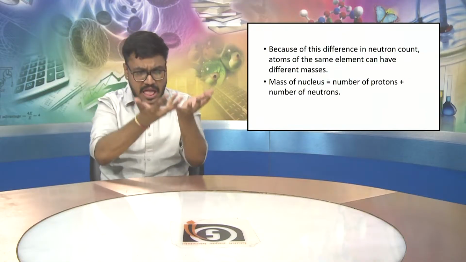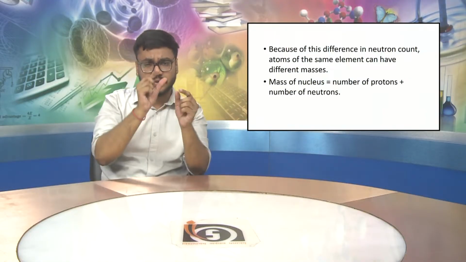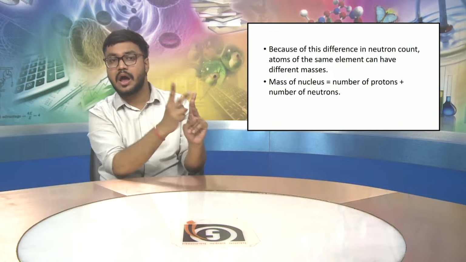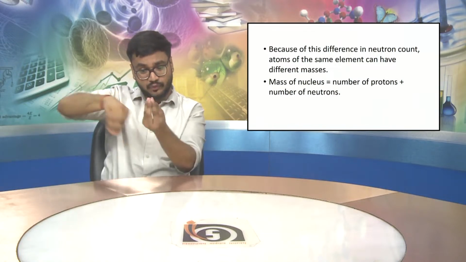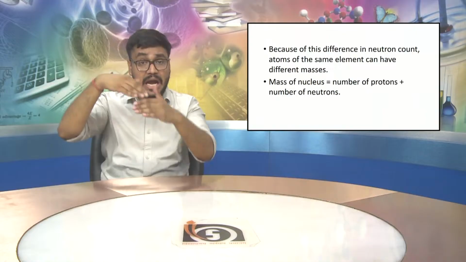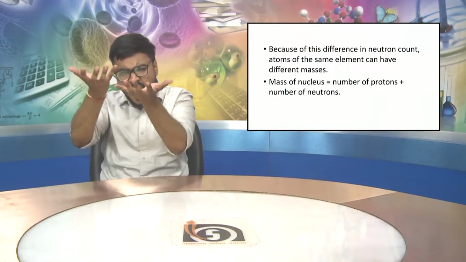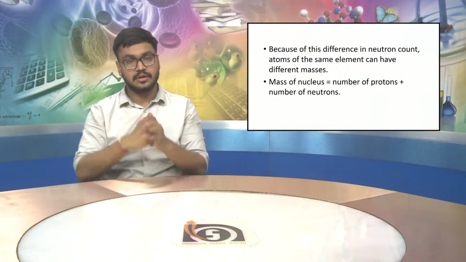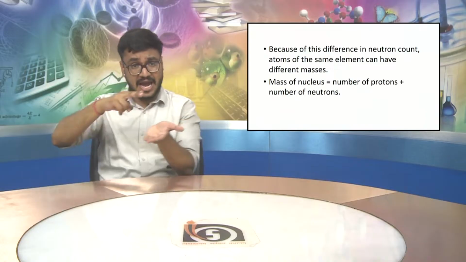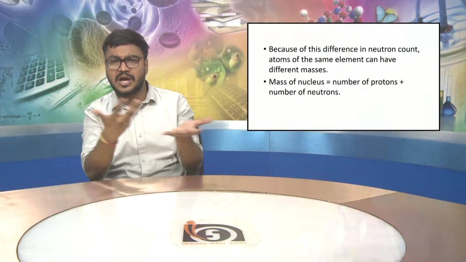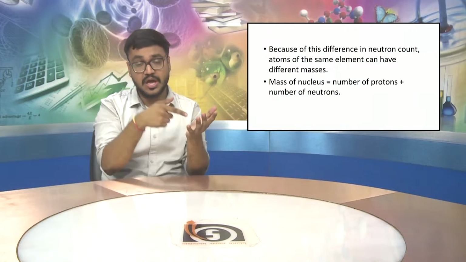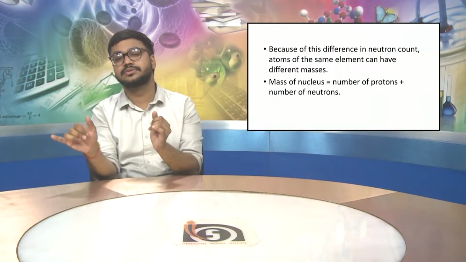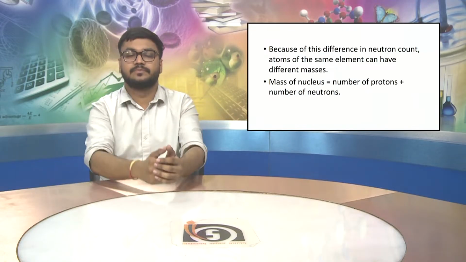Because of this difference in neutron count, atoms of the same element can have different masses. So we can get the mass of the nucleus by adding the protons and neutrons.